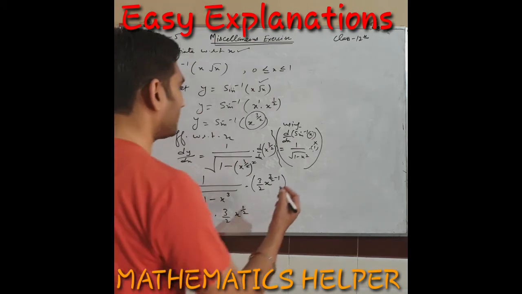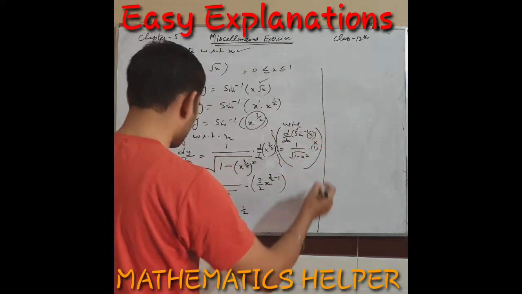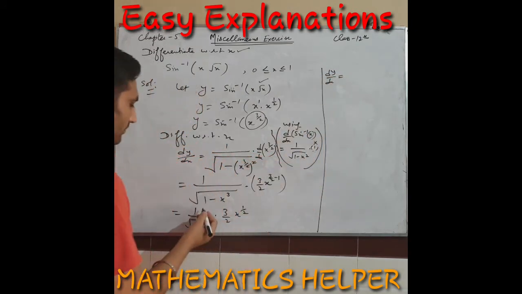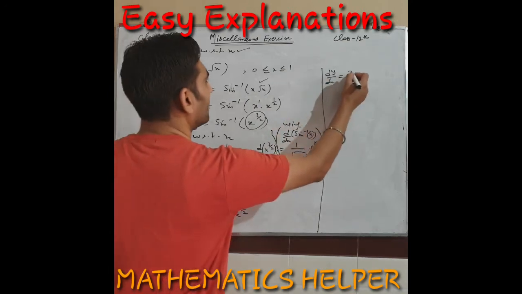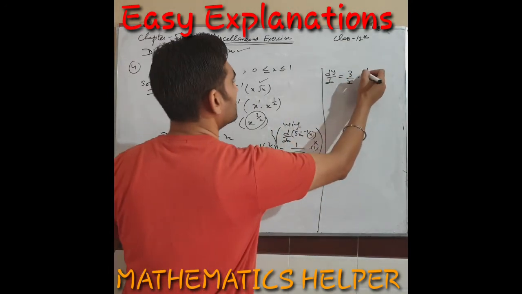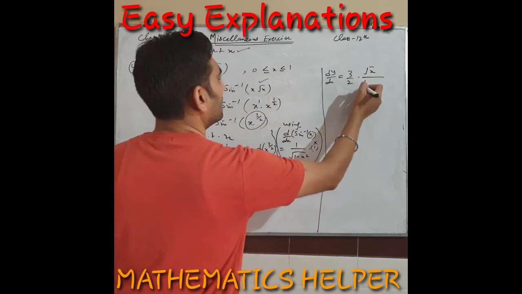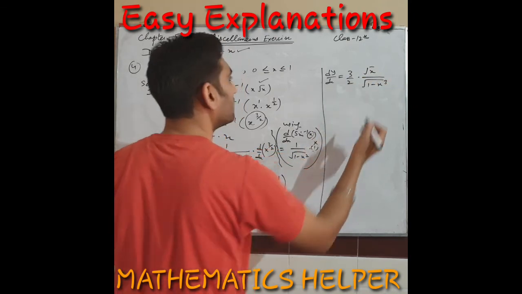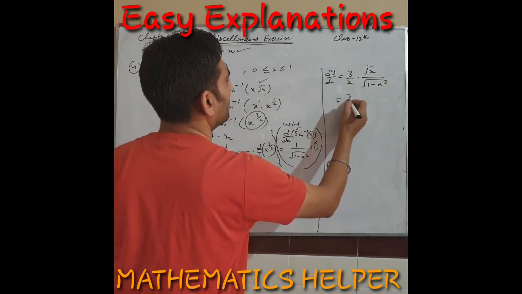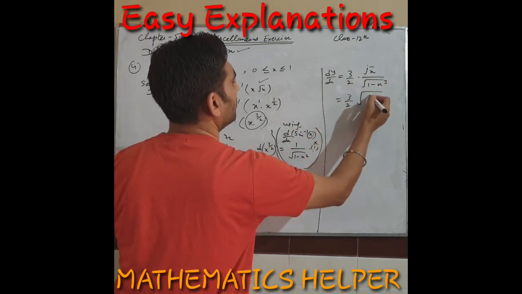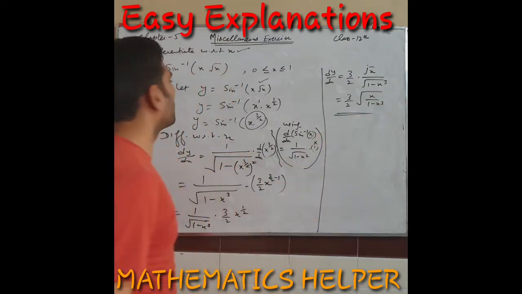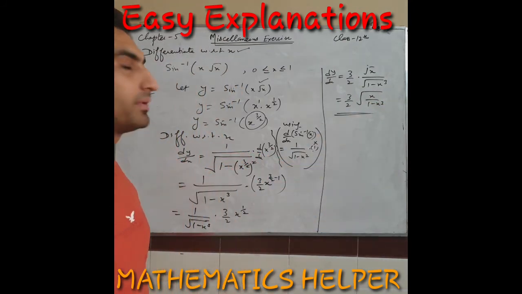So we have to write it as, see what is next. dy upon dx equals 3 over 2 first, then x raised to power 1 over 2, meaning square root x, over square root of 1 minus x cube. Combine these, you can mark the combined square root. So it is 3 over 2 times square root of x over 1 minus x cube. This is our required answer for the derivative of question number 4.